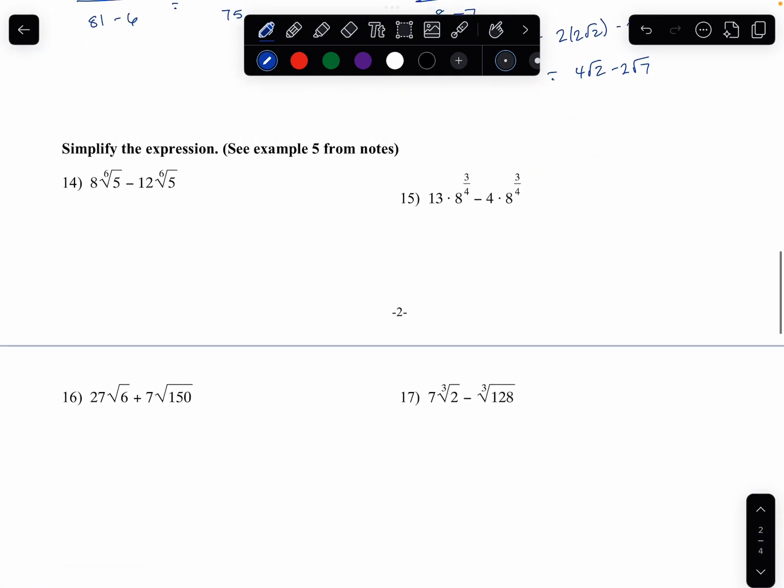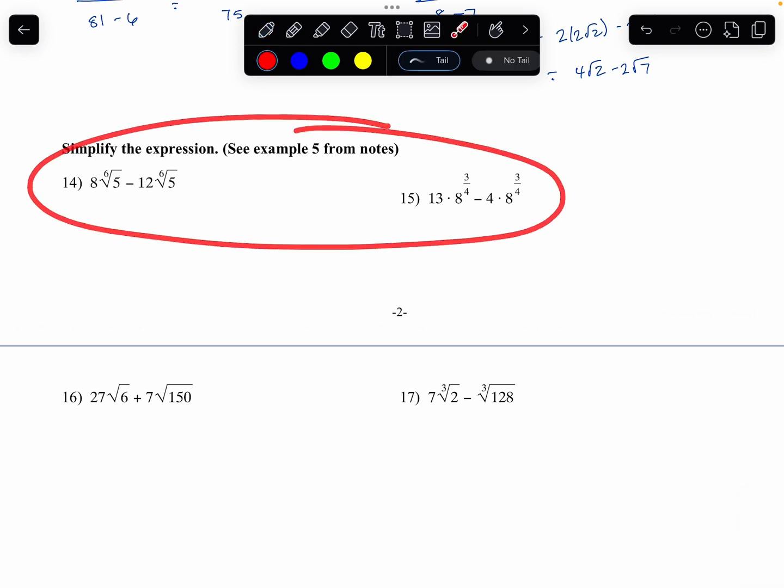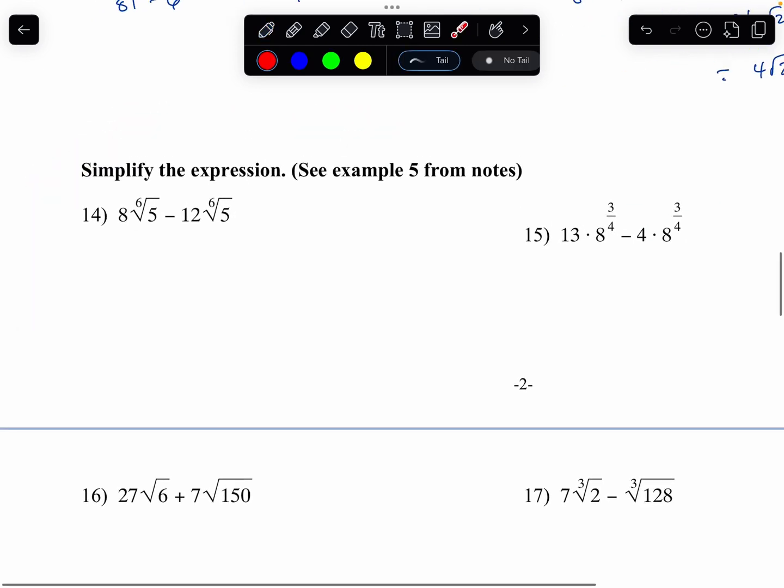Okay. So simplify this expression right here. So whenever I see these expressions, we're subtracting them, but they have the same roots. So now I can actually combine the coefficients of these radicals. So 8 minus 12 is going to become negative 4 and 6th root of 5.